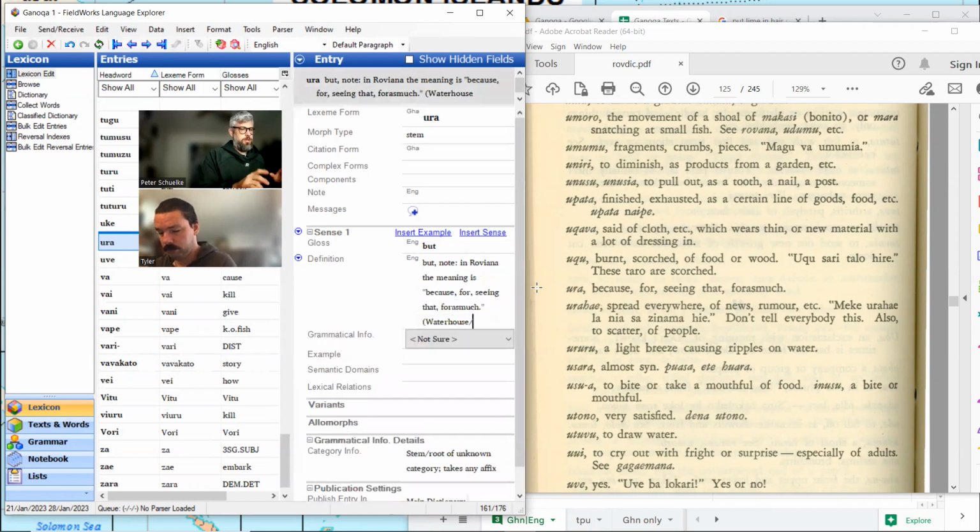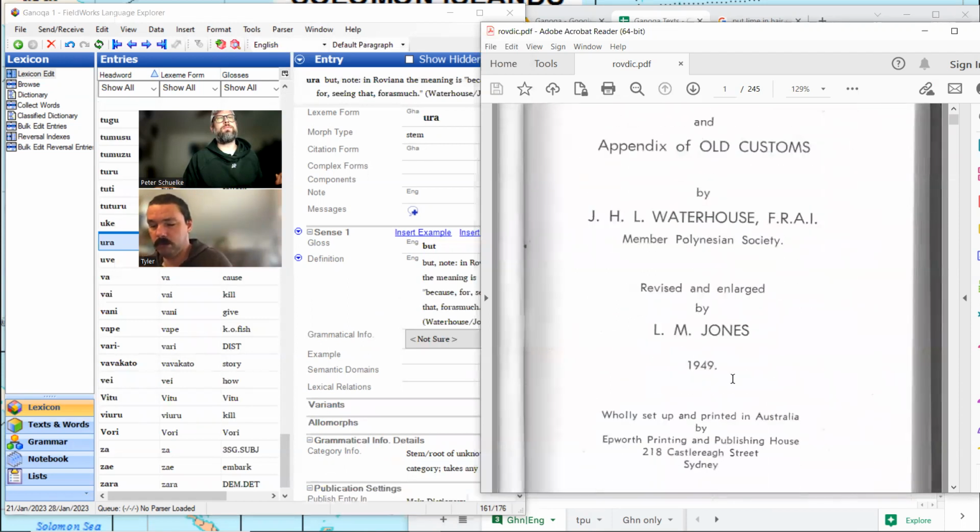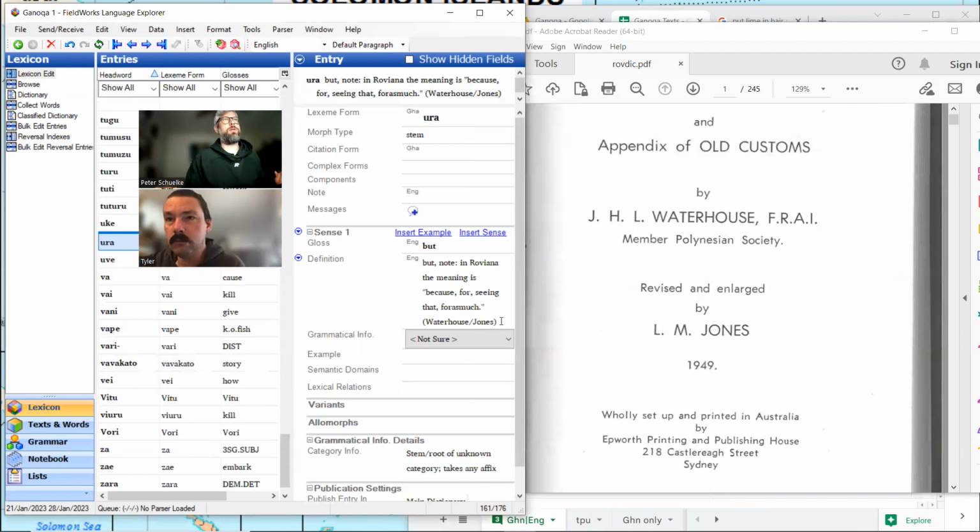Waterhouse, Jones. So I put the year right on there. We'll go up to the top and double check the year. And the problem is it's 1949 for Jones, but the original one by Waterhouse was much earlier than that.